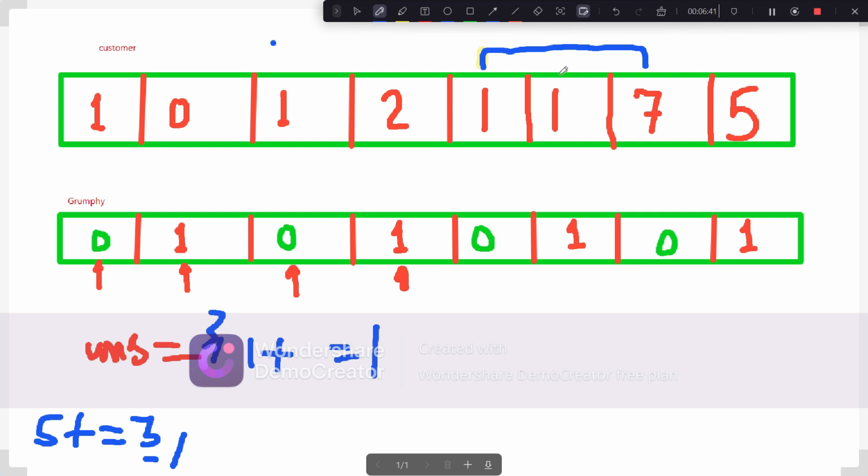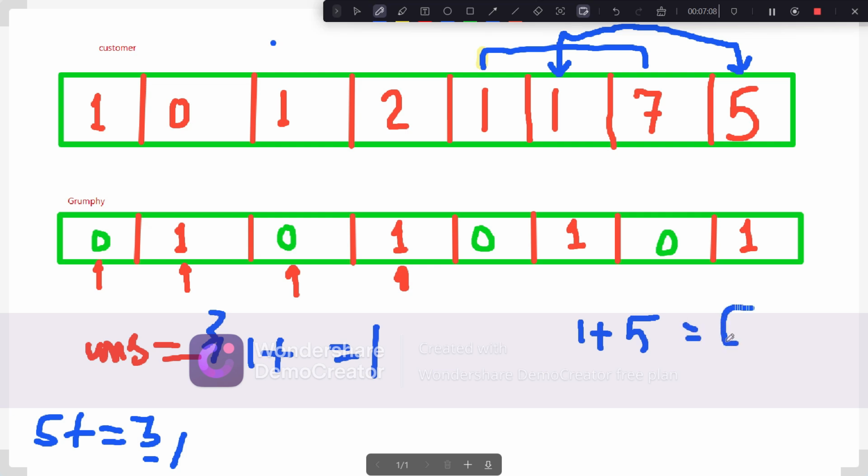Now our next iteration would be from here. So this would be basically our final iteration, starting from this one. So 1, 7 and 5. Below 1 it is 1, so we can include it. Okay, so we can include 1. Now go for next. This is 7, so we cannot include because 0 is there. Now we have 5, so 5 we can include because it is 1. So 5 plus 1, it is 6.